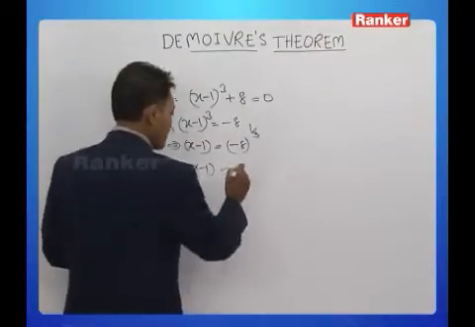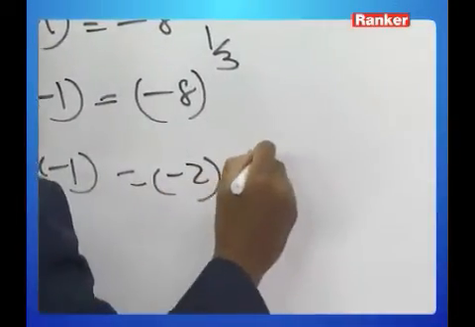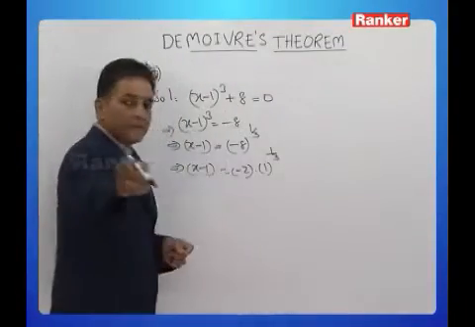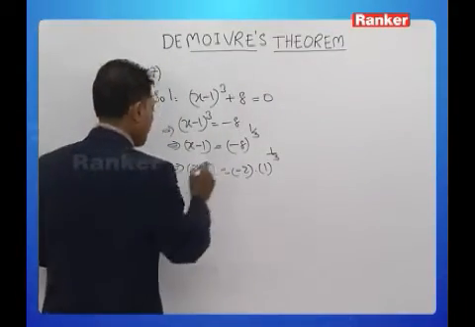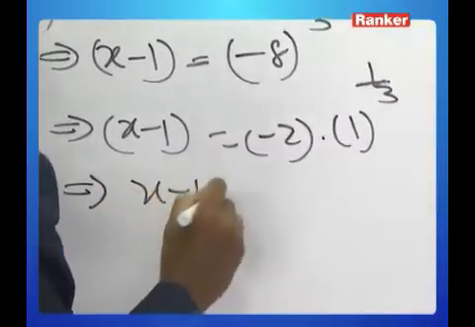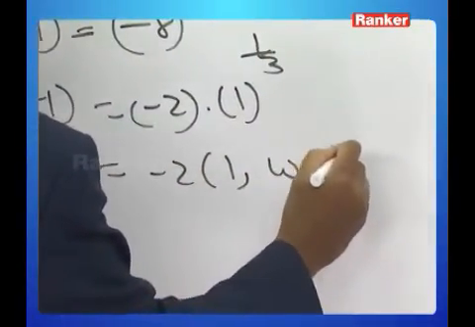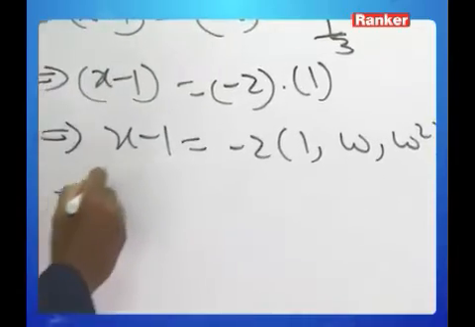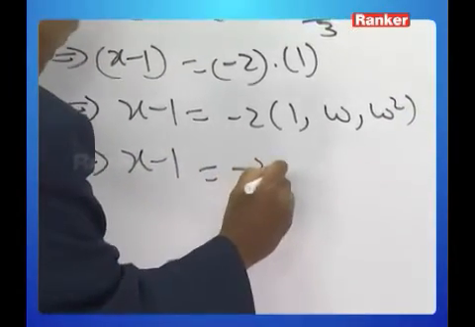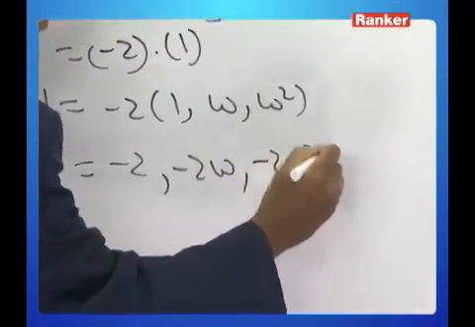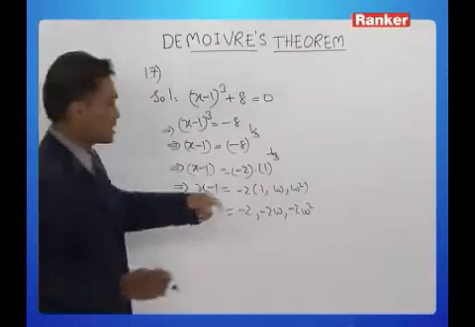Minus 8 cube root is minus 2 into 1 power 1 by 3, the cube roots of unity, and it is clearly given that 1, omega, omega square are to be used here. So x minus 1 is minus 2 into 1, omega, omega square. So your final answer is minus 2, minus 2 omega, minus 2 omega square, and take this minus 1 to that side.